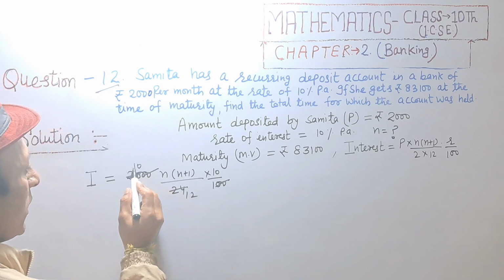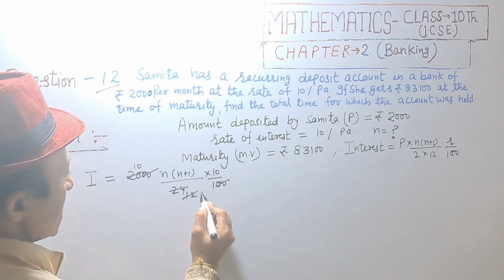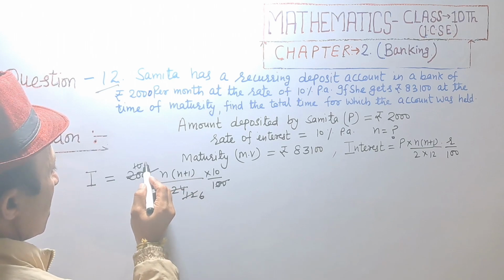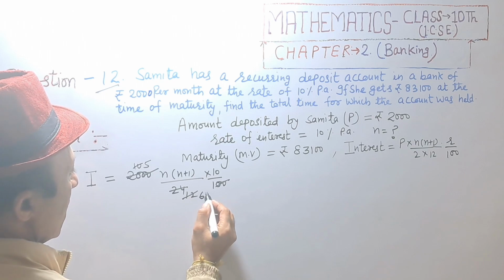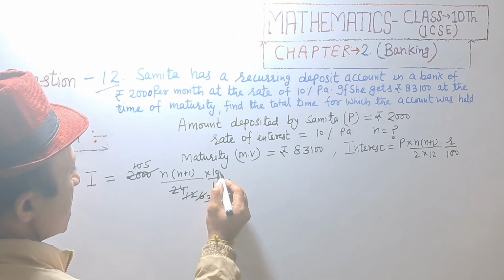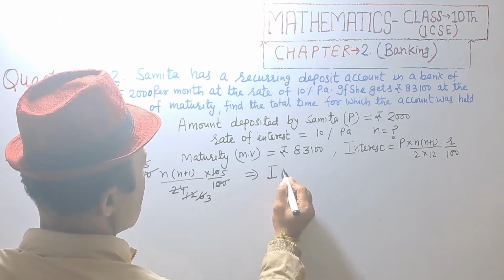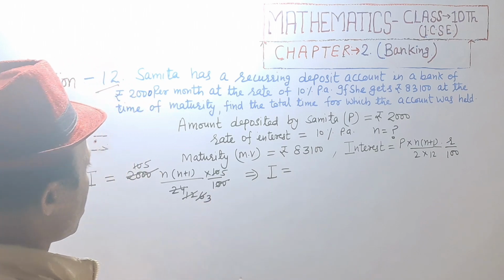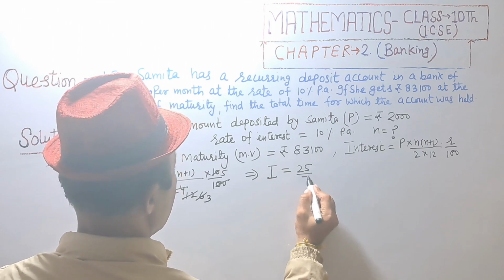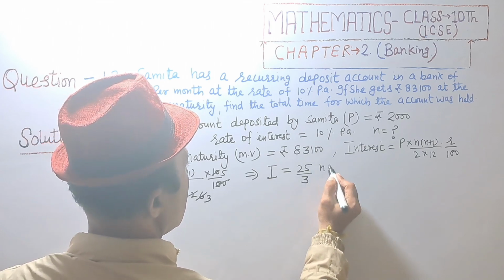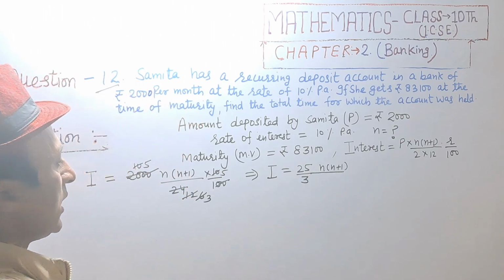Interest is equal to 25 divided by 3 into N into (N plus 1). It's interest.